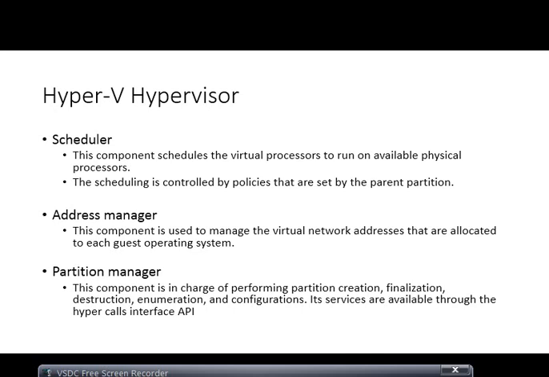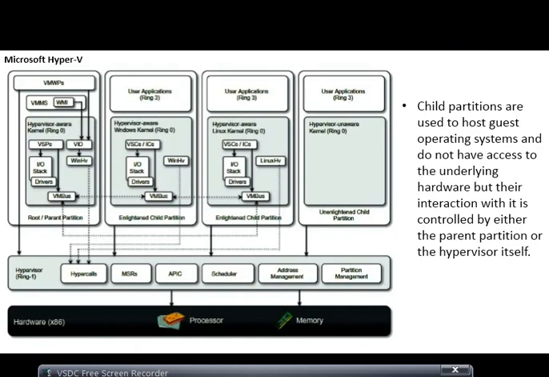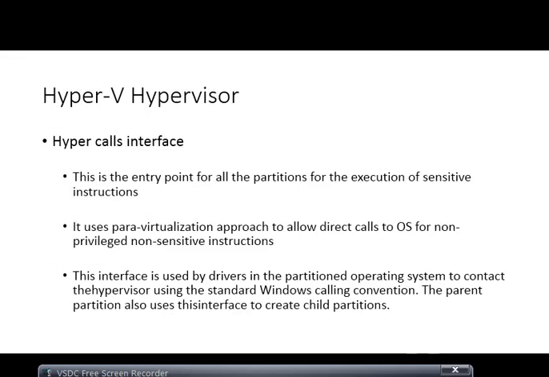The scheduling is controlled by policies that are set by the parent partition. So you might have some priority as far as who gets the processor. The parent partition usually will get the maximum priority to run the instructions on the processor.